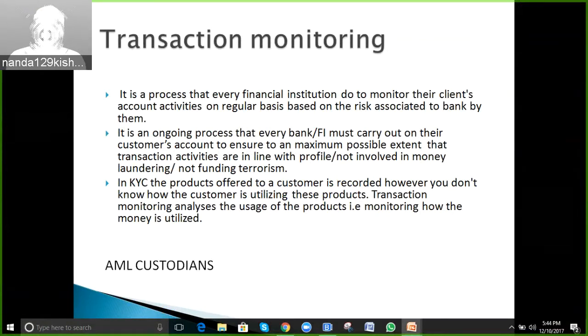When the customer makes a cash deposit at any of the branches, and if that cash deposit breaches the threshold, an alert is generated. For example, a cash deposit of 15,000 euros or 10,000 US dollars is deposited into the account. It differs from country to country.